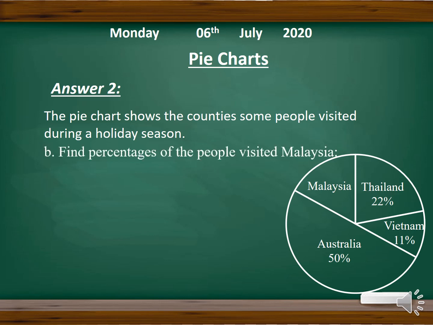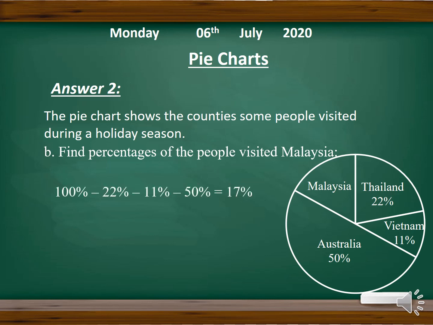Look at finding letter B. Find the percentage of the people who visited Malaysia. You see in the pie chart now, for Malaysia they did not tell the percentage, but they tell the percentage of Thailand, 22%, Vietnam, 11%, Australia, 50%.